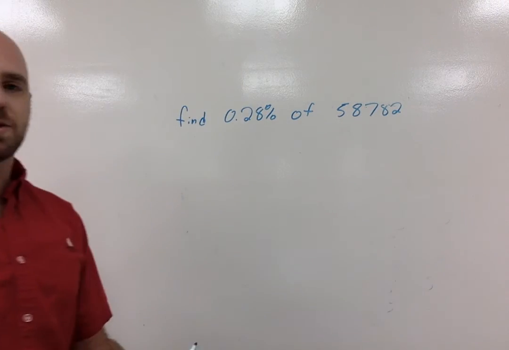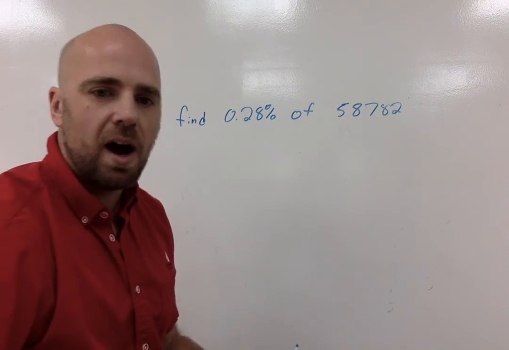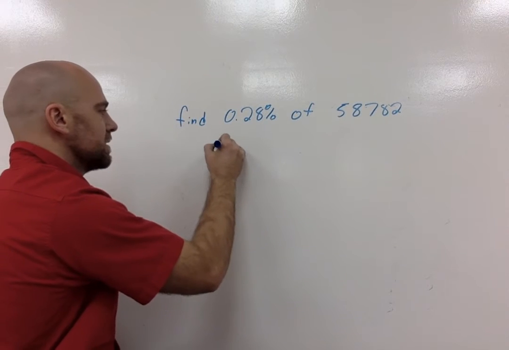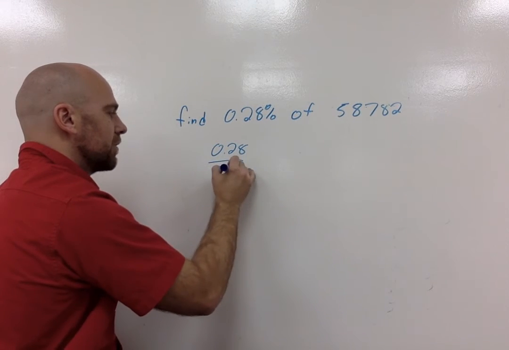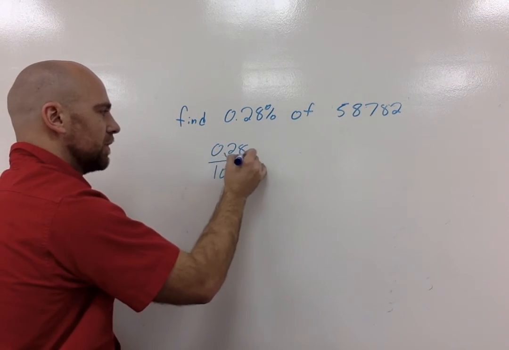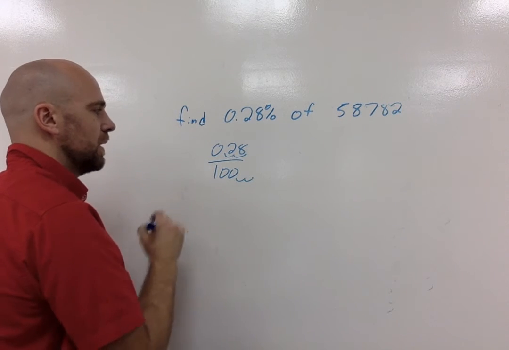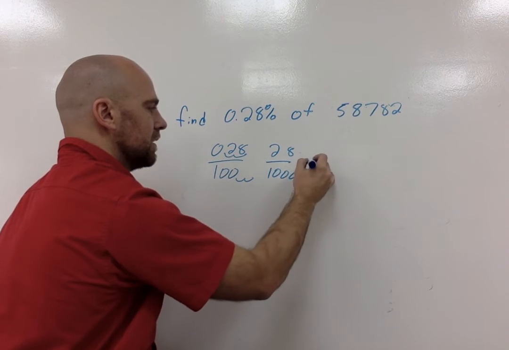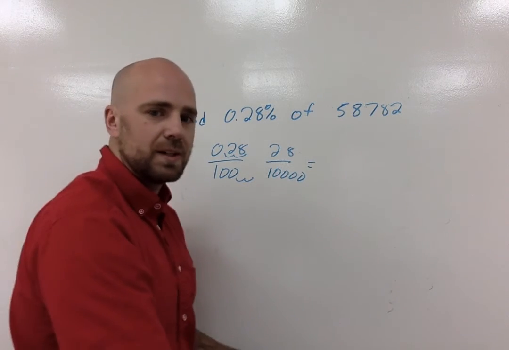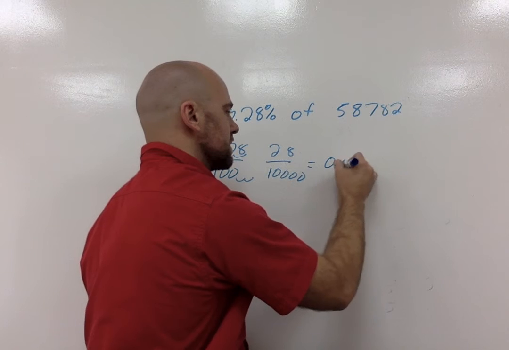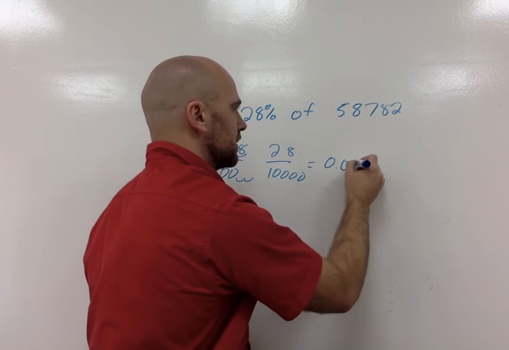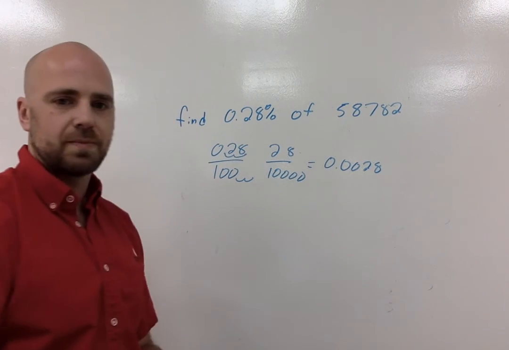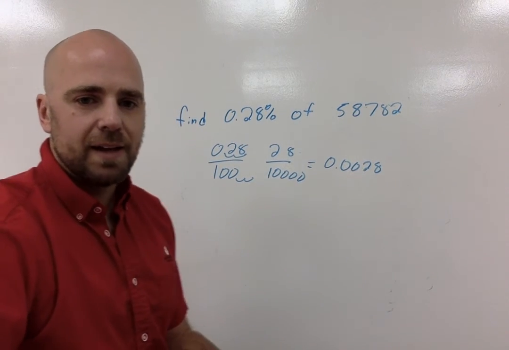We need to find 0.28% of that. So I need to change this percent into a decimal. If I'm going to say 0.28 over 100, I need to move my decimal over twice. So I'm going to get 28 over 10,000, so 0.0028. Tenths, hundredths, thousandths, ten-thousandths.